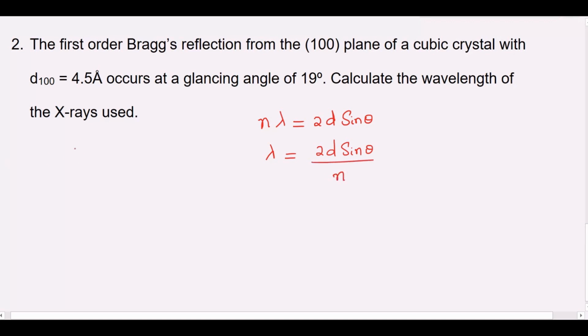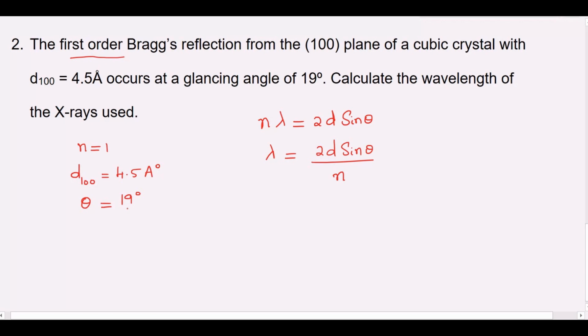Now let's write down the known parameters. We have n equal to 1 because in the question it is given that it is a first order Bragg's reflection. The spacing d equals 4.5 angstrom. The glancing angle, that is the incident angle theta, is equal to 19 degree.